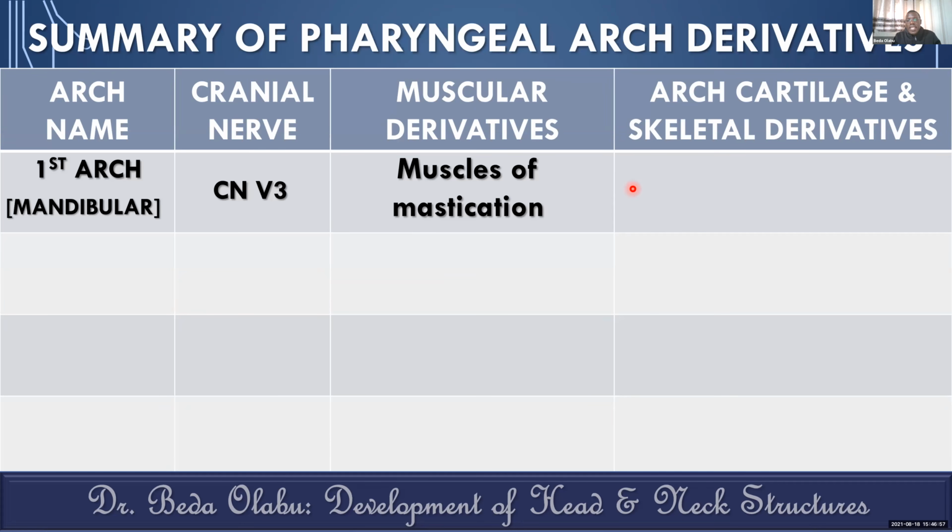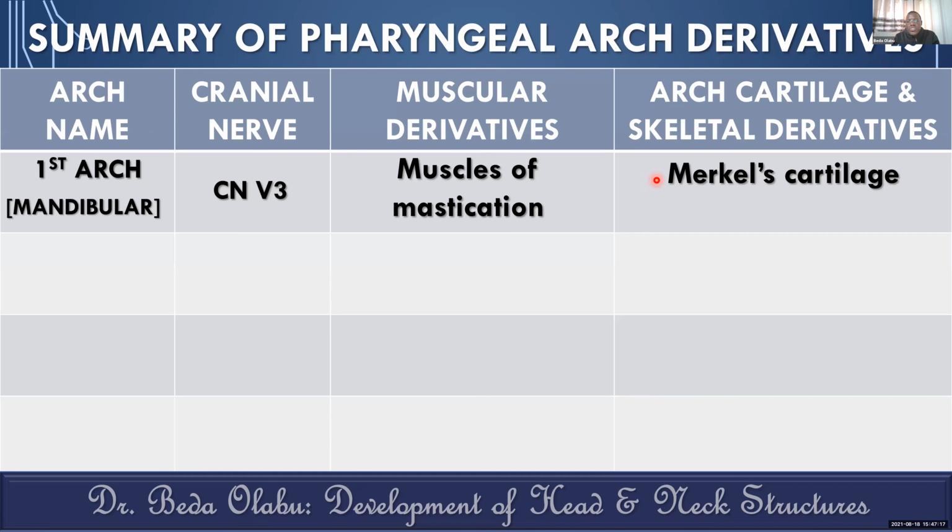How about the cartilage of the first pharyngeal arch? The cartilage of the first pharyngeal arch is what we call the Meckel's cartilage. That's the name given to the cartilage of the first pharyngeal arch.